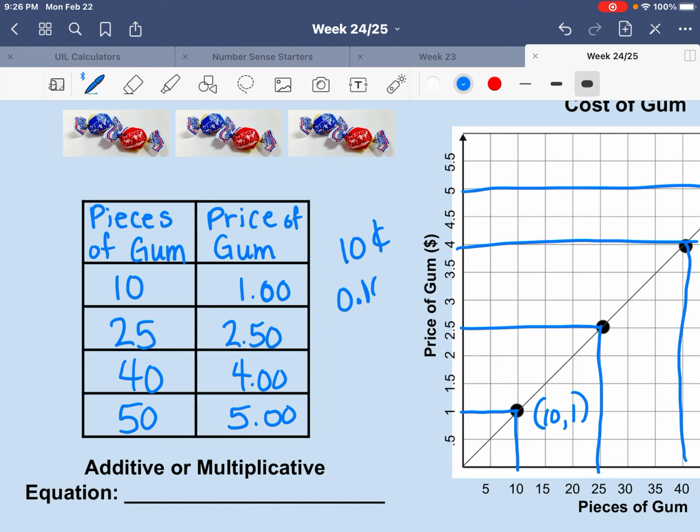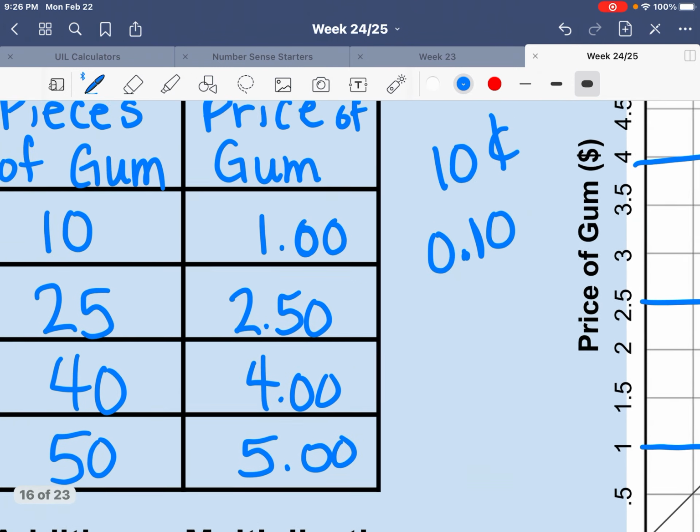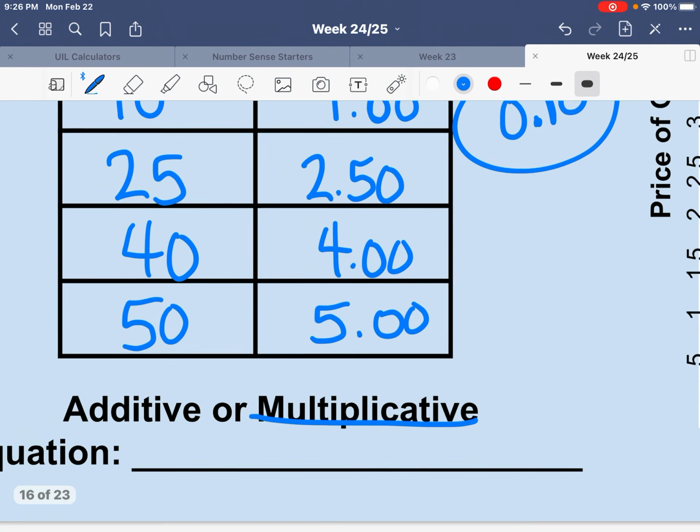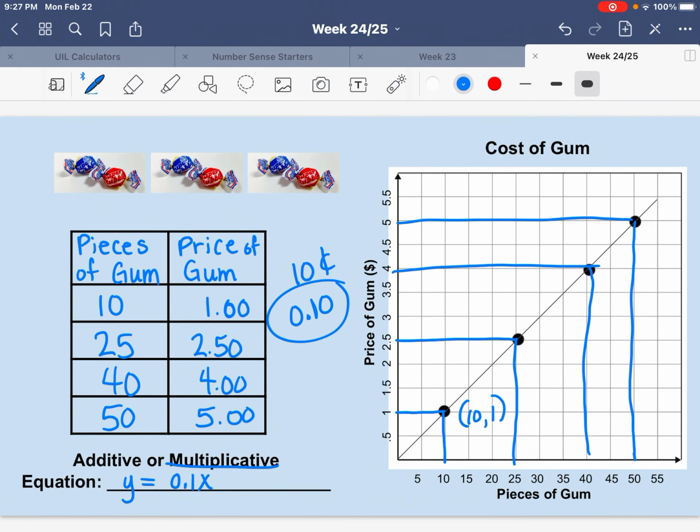Now, you could write that as 0 and 10 hundredths, but it would be the same thing either way. So this is a multiplicative relationship. The thing that we're multiplying by is 10 cents. So our equation is y equals 0 and 1/10 times x. So there you go, a multiplicative relationship.